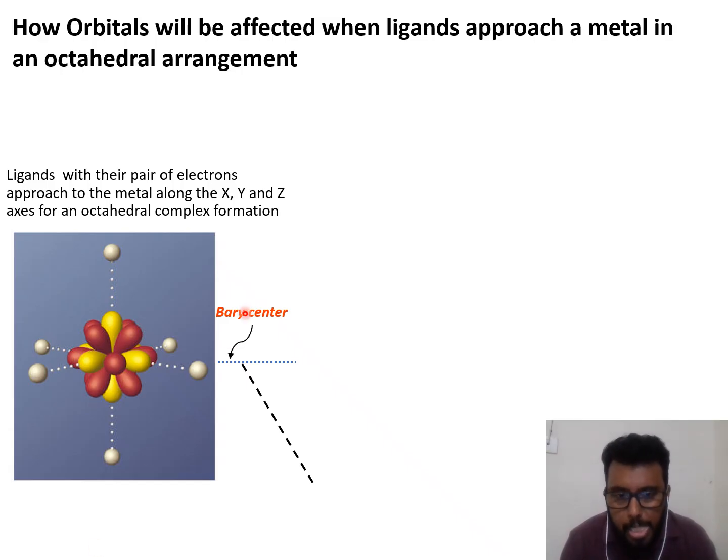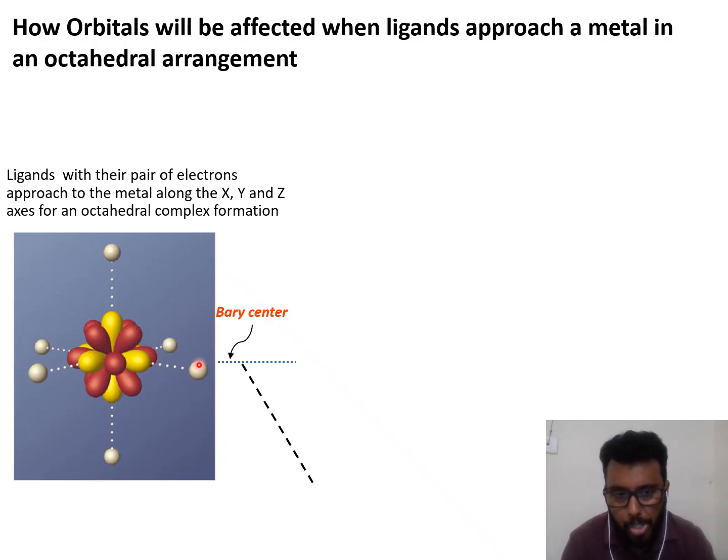This energy point at the center is called the barycenter. As I told you before, when the ligands approach the metal ion along all three axes x, y, and z, we know that the orbitals contain electrons which are negatively charged. The negative charge of the electrons in the metal ion orbital and the ligand orbital will repel each other.